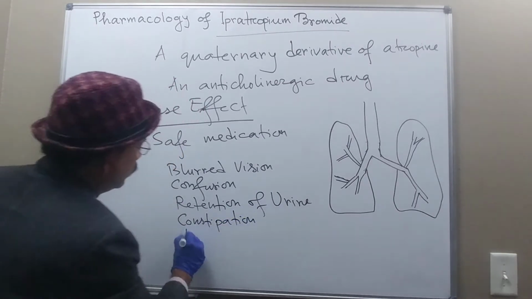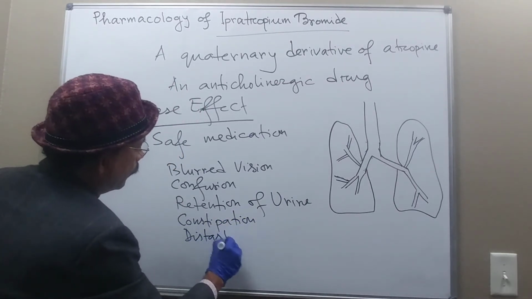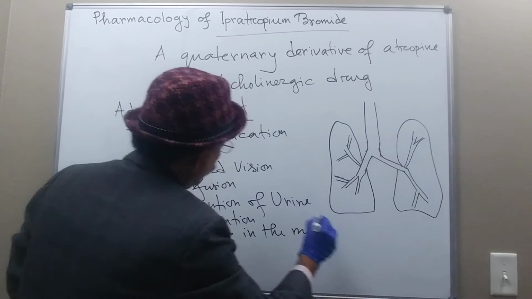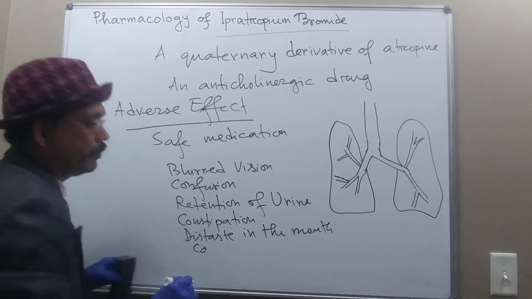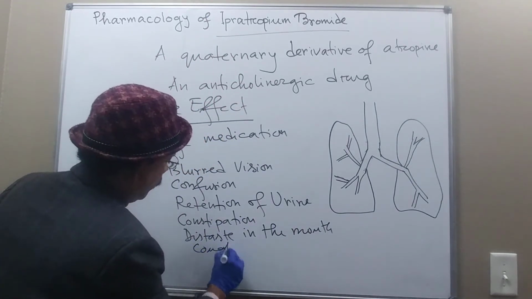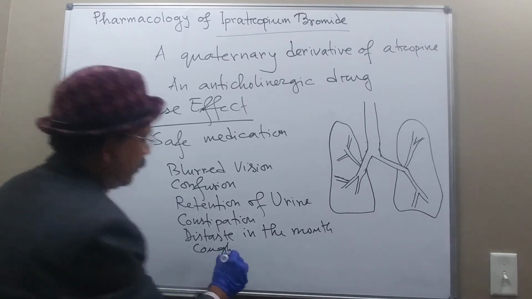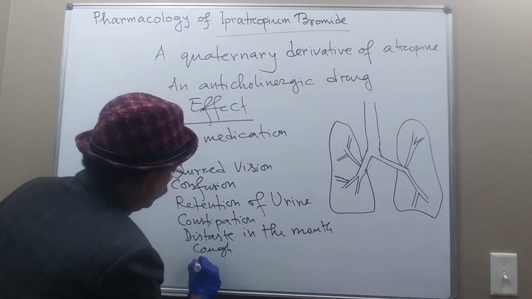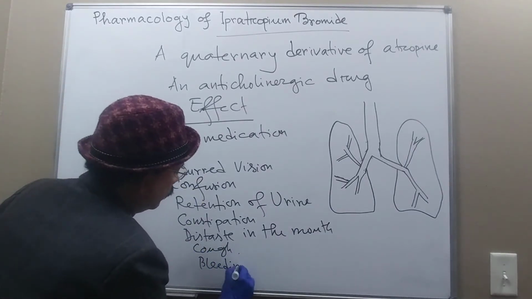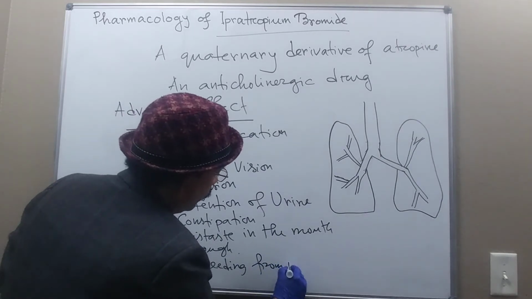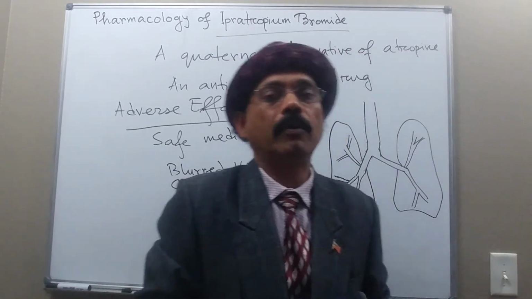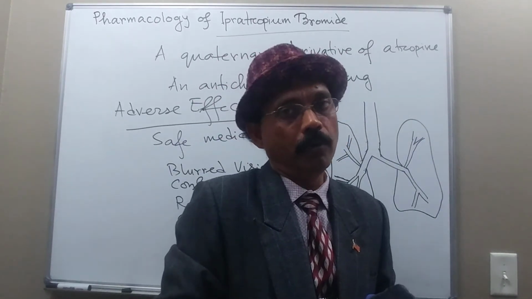Okay. Distaste in the mouth. That is a possibility. Okay, cough, because it may irritate the respiratory passage. And it may cause bleeding from the nose, epistaxis, maybe due to mucosal dryness. A massive dose of ipratropium, a high dose, may cause paradoxical bronchospasm.